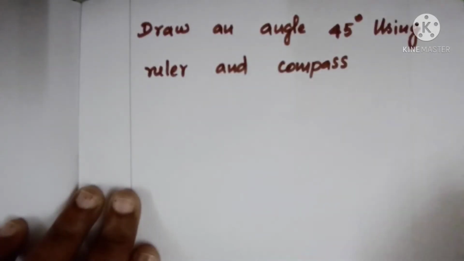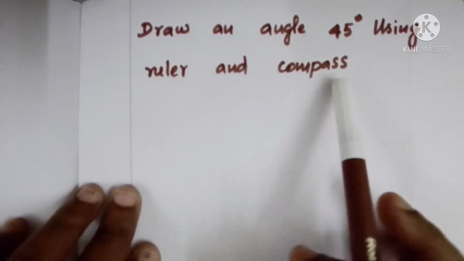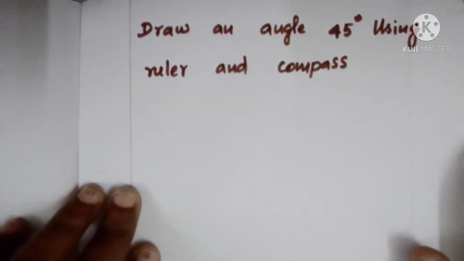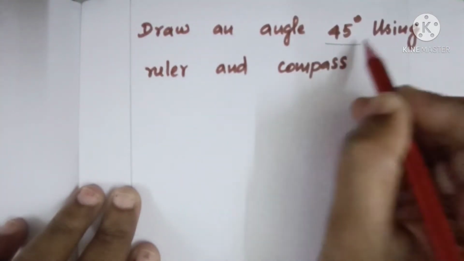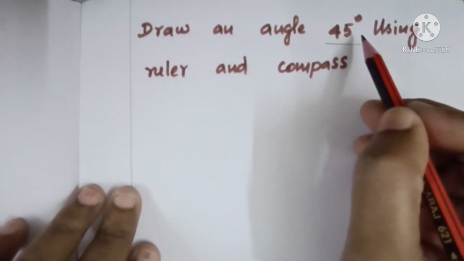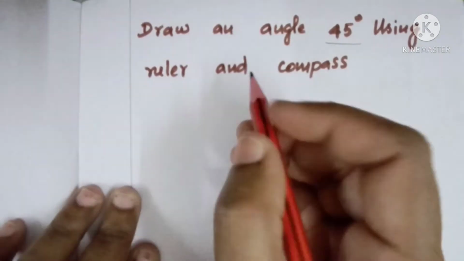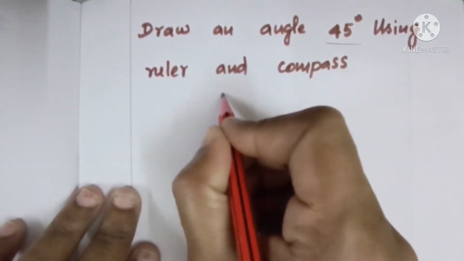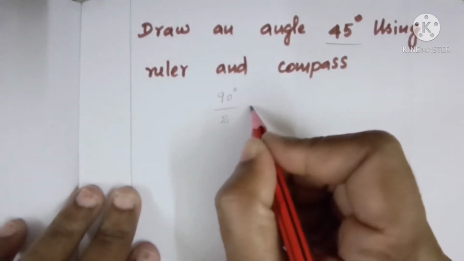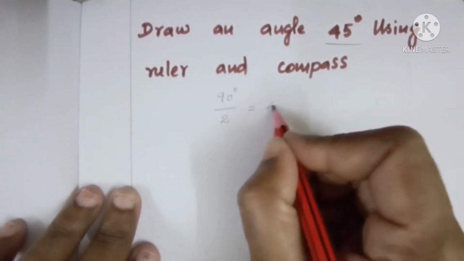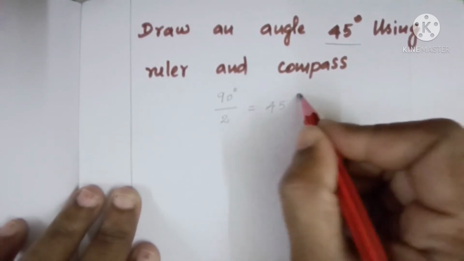Draw an angle 45 degree using ruler and compass. Here also we cannot draw an angle 45 degree directly, but we can draw 90 degree and bisect it. We will get 45 degree.